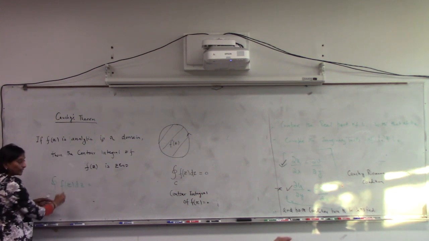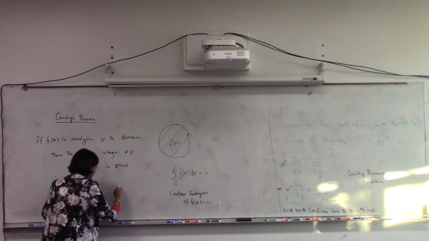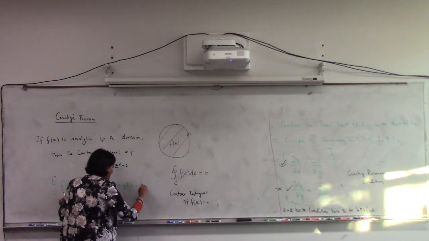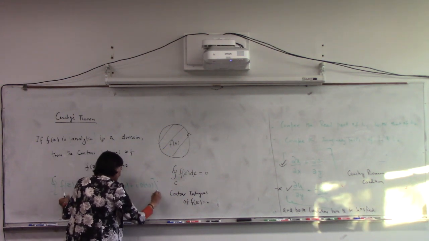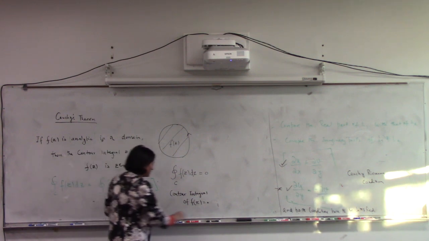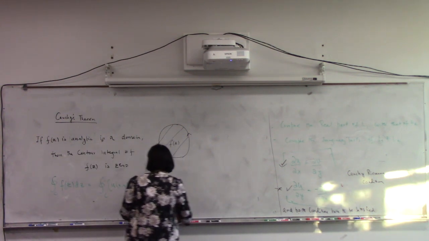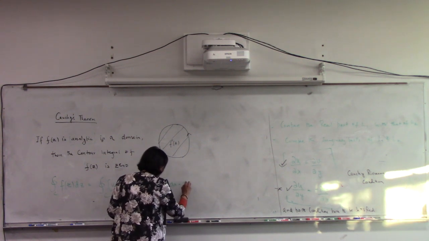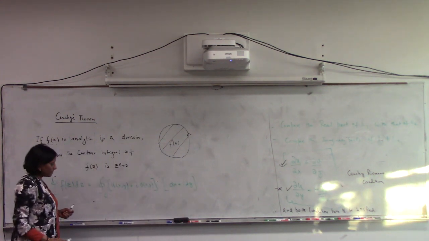Right. This is a complex function, so I can write it as having a real part and an imaginary part, u(x,y) plus i v(x,y). And dz is a complex variable, so I can write it as dx plus i dy. Alright, this much I can do.